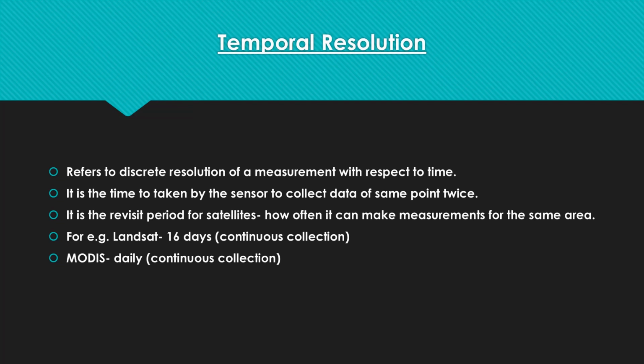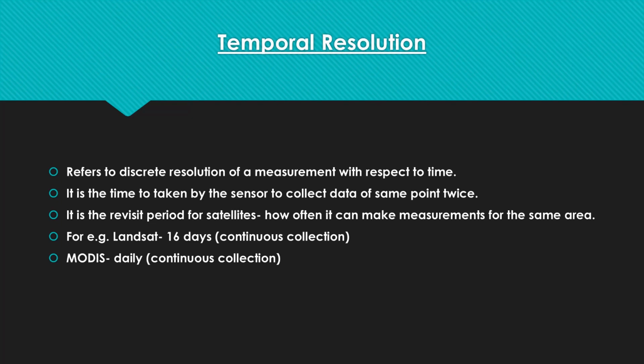Suppose satellite A is capturing the data of Almora at 9 p.m. today, and that satellite captures the data of Almora next time tomorrow at 9 p.m. sharp. Then the temporal resolution for that particular satellite, satellite A, will be 24 hours.